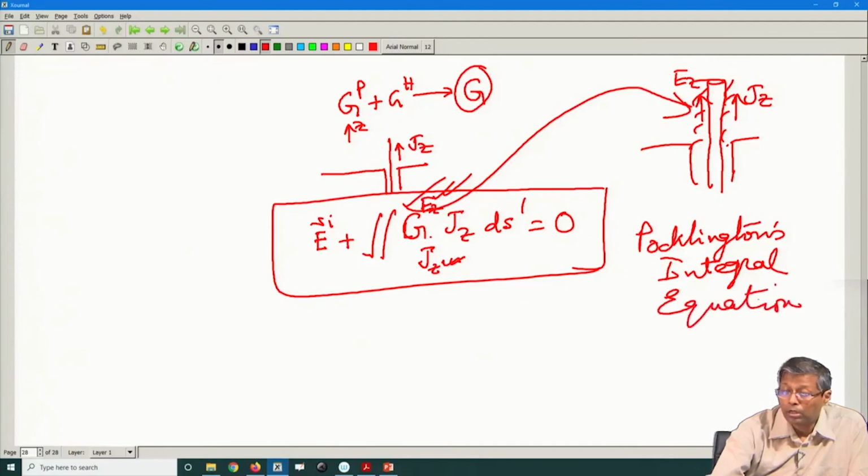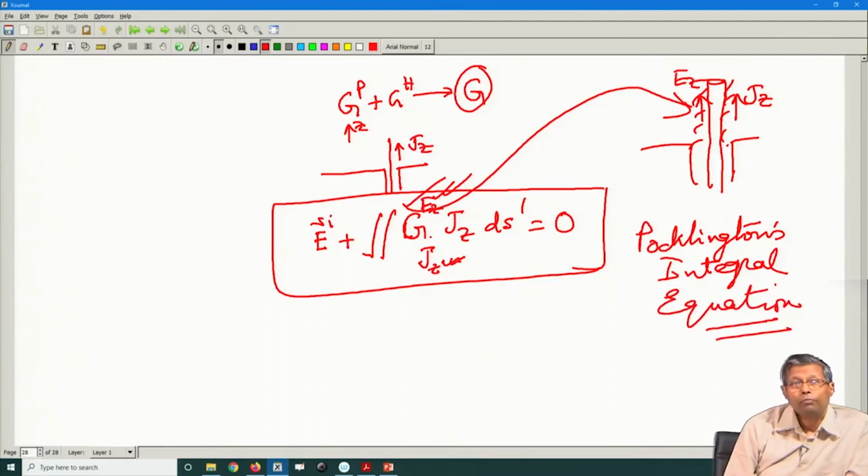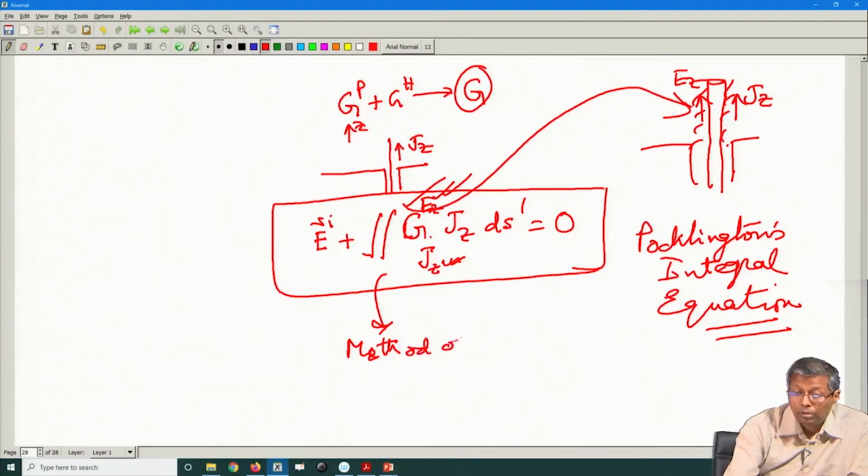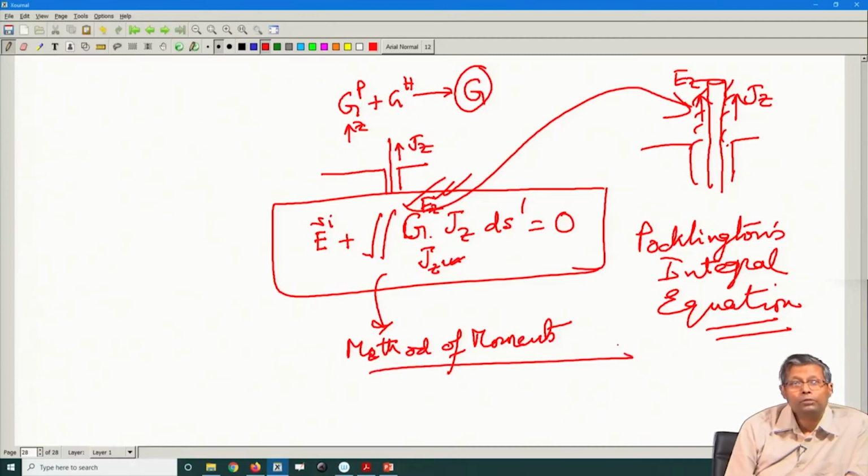This is the Pocklington's integral equation. This is fed to the method of moments, which solves for this unknown current Jz.